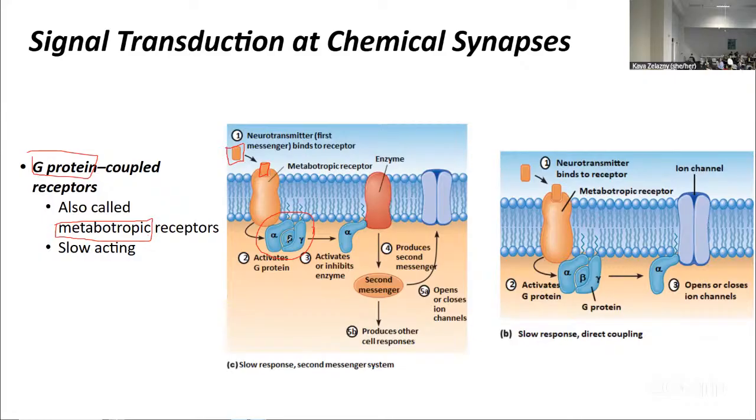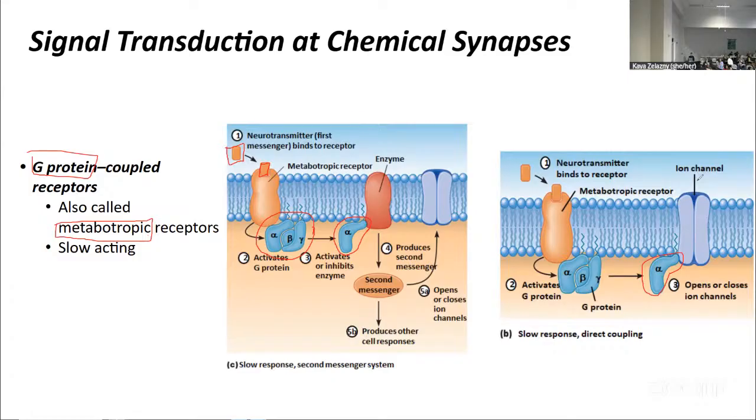What we see happening is that this alpha part scooches on down the membrane over to this enzyme in image C here, or in this simpler image B to the right, we still have that alpha part of the G protein scooching on over. It's just scooching directly to an ion channel here.